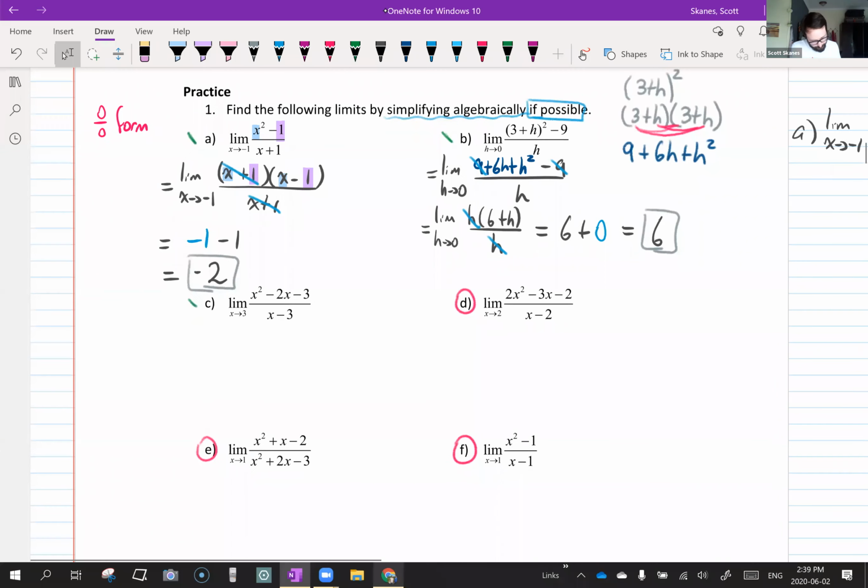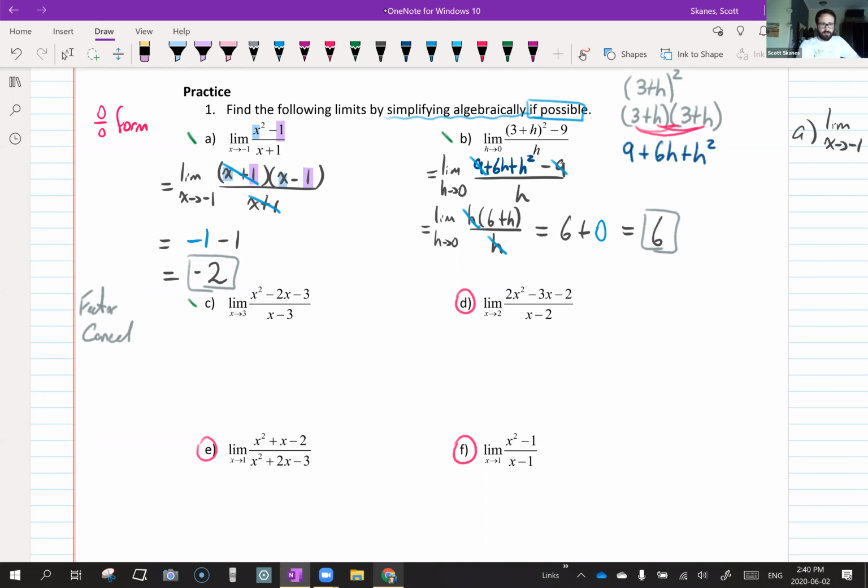Okay, let's try C. Someone tell me what the answer for C is going to be. Take 1 minute. See if you can get it. Hint. You're going to factor, and you're going to cancel. I know that because if you put in 3 directly, you're going to get 0 over 0 form. 4.